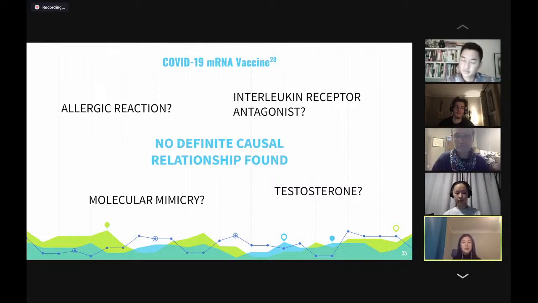There are a plethora of other possible causes being investigated right now, such as molecular mimicry, testosterone levels, different immune system receptors, and a bunch more. But because of the limited research and so much contradicting evidence, a clear mechanism of how the COVID-19 mRNA vaccine could cause myocarditis has not been established yet.